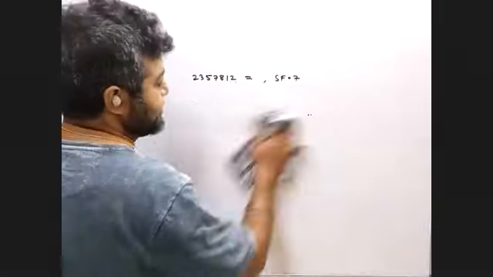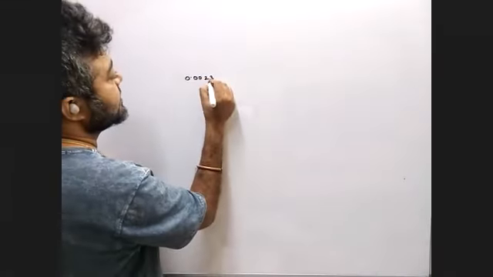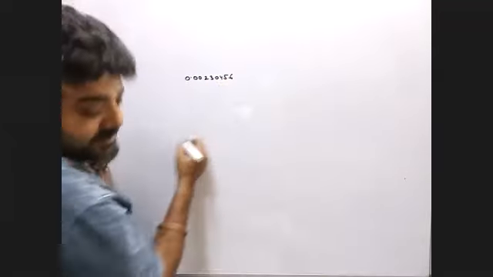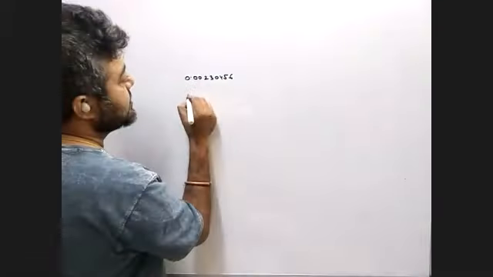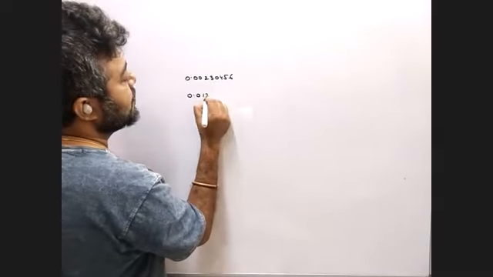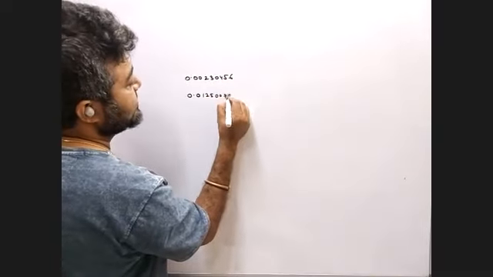Third rule is that the zeros occurring to the left of non-zero digit are not significant figure. If there is a 0 to the left of your digits, then that 0 will not be counted in significant figure. 0.0023045, 0.01250078.